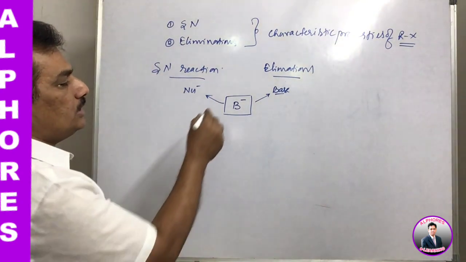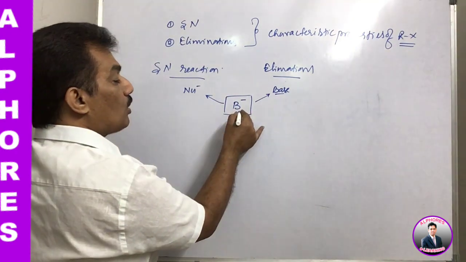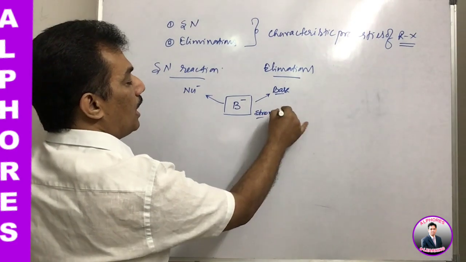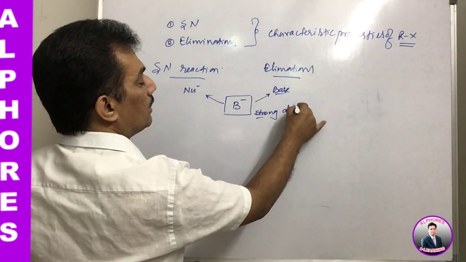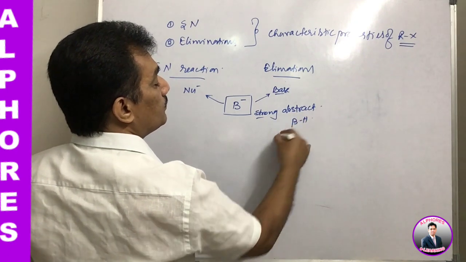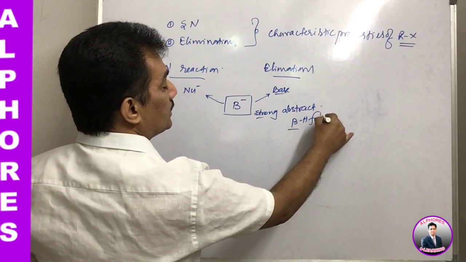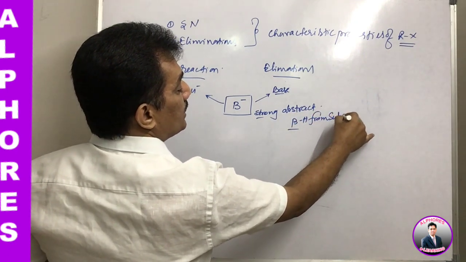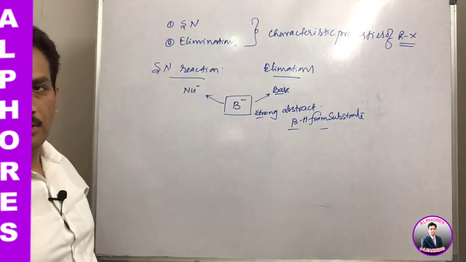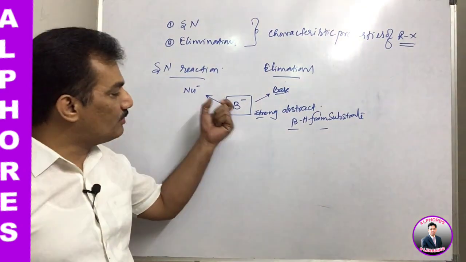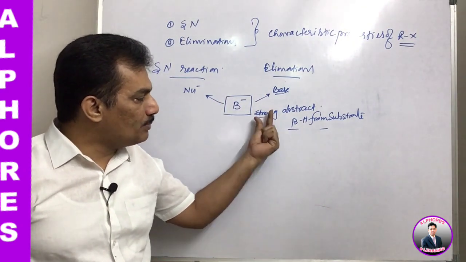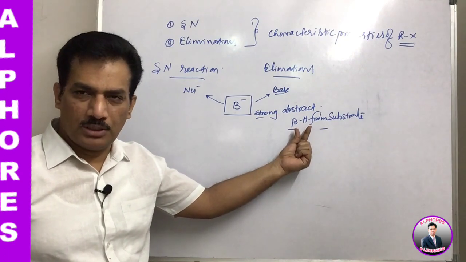And now how can this behave as a base? If it is a strong base, it will abstract beta hydrogen from the substrate. If it has sufficient strength, it always abstracts the beta hydrogen from the substrate.